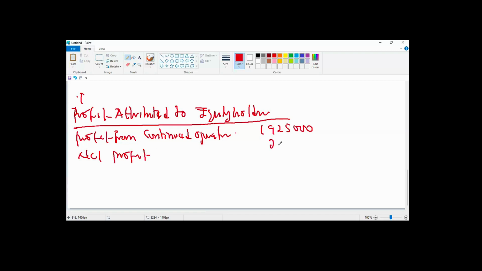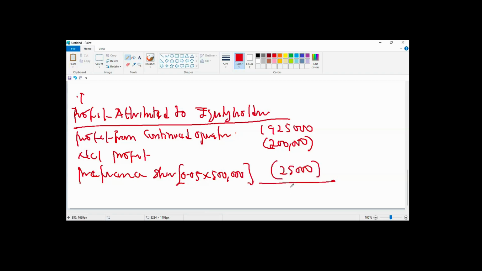NCI profit is 200,000. Then we have 5% cumulative preference shares, which is 0.05 times 500, so 25,000 will be deducted. This gives me profit attributable to equity holders: 1,925,000 minus 200,000 minus 25,000 is 1.7 million.